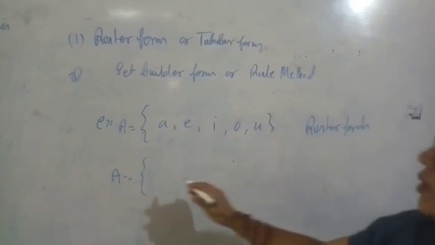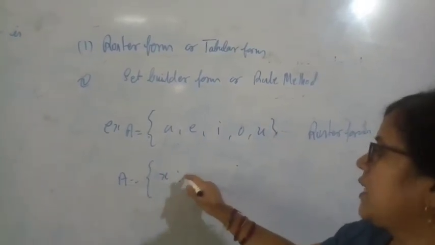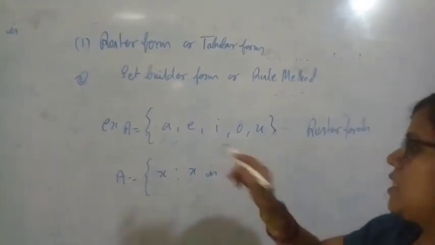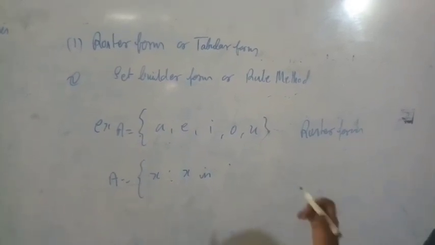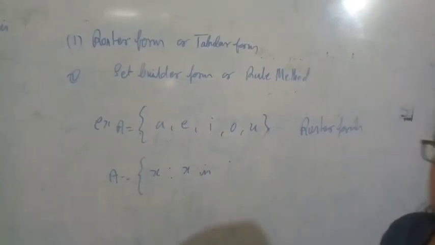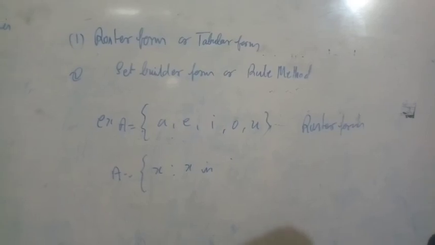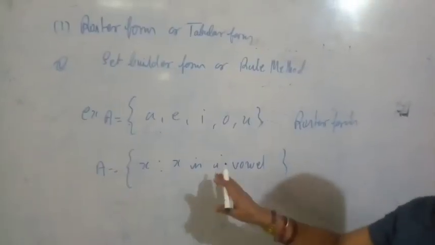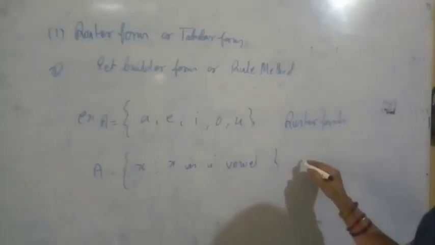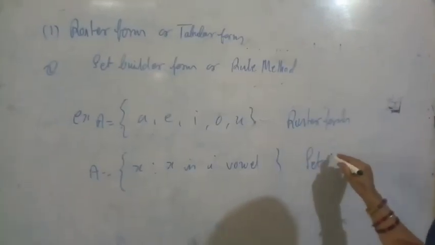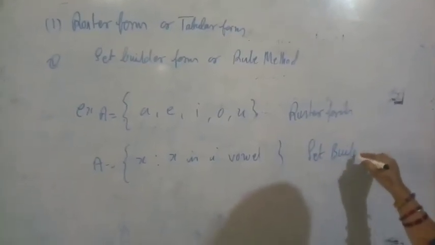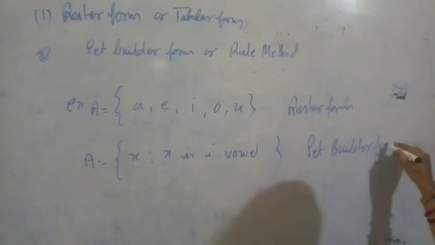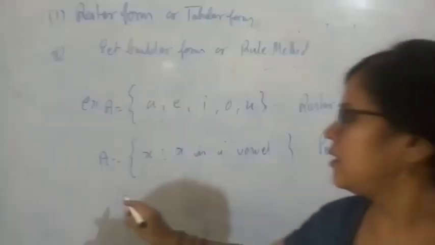How will we write it down? x such that x is a letter of the English alphabet, meaning an English vowel. Such that x is a vowel is the set builder form.